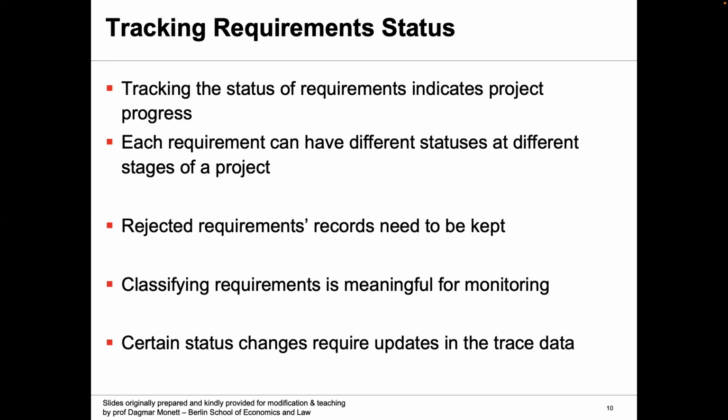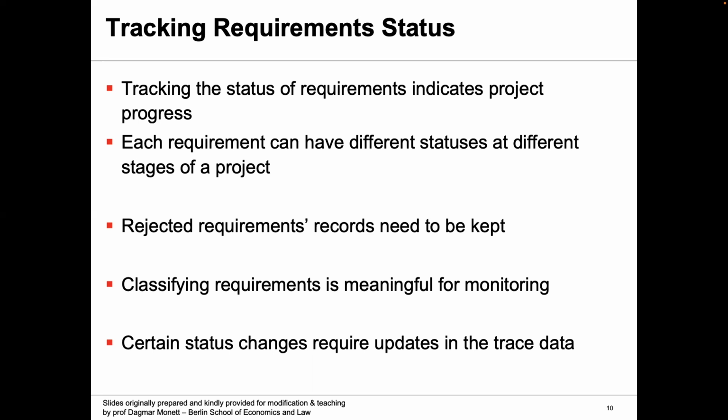Okay, and it says here certain status changes require updates in the trace data. So maybe you need to update a requirement status only when you have been given some additional transition conditions. As you are making a change to your status, you are also updating it in the requirements tracing tool as well.